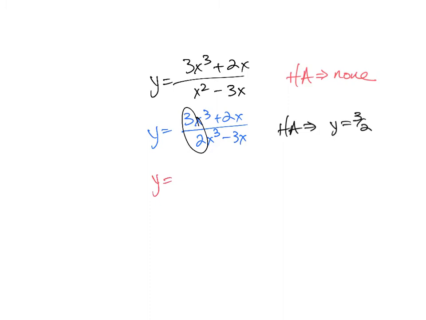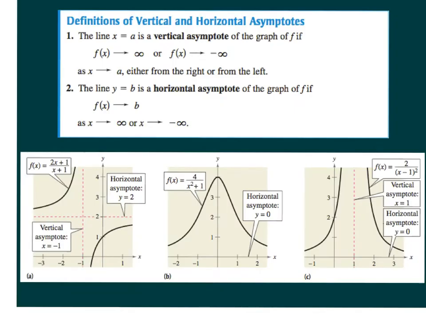So now we have y equals 2x cubed plus 2x over, let's say, 3x to the 4th minus 3x. Where's my higher power now? It's on the bottom. So if it's on the bottom, my horizontal asymptote is actually 0. So it's y equals 0. All right, y equals 0 is another name for what? The x-axis.